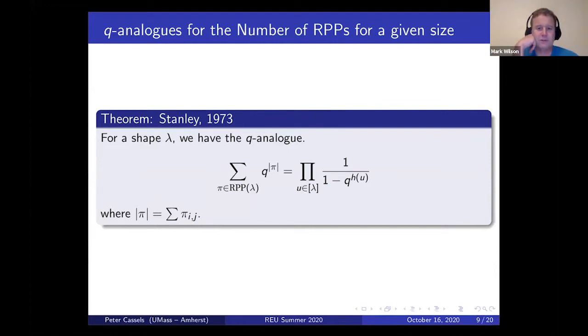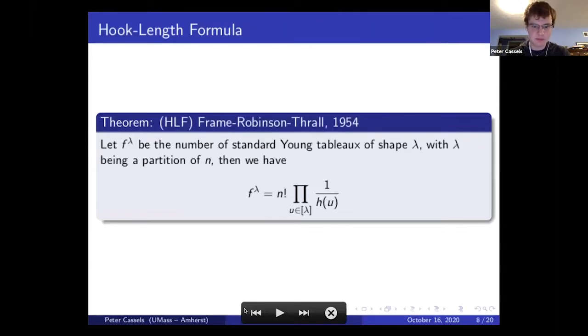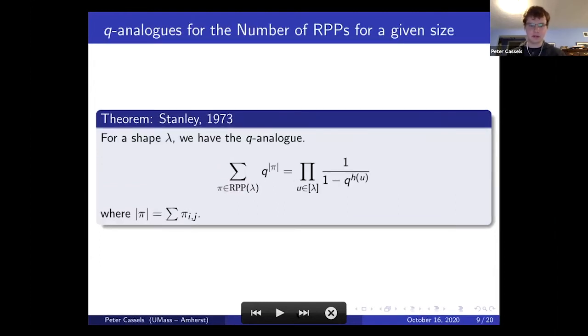So what happens when q is 1, or in the limit? How is it a q-analog? Exactly. When q is 1, it gives you the formula on the previous slide. I don't know if there's as much of an interpretation for arbitrary values of q. Of course, we might have some divergence issues.